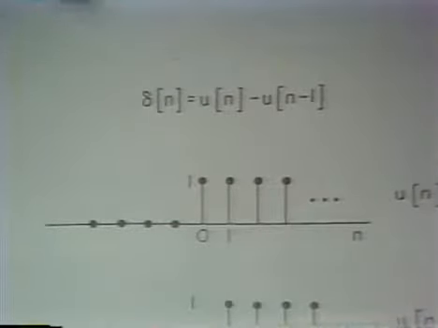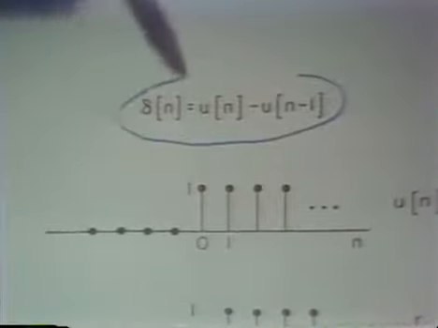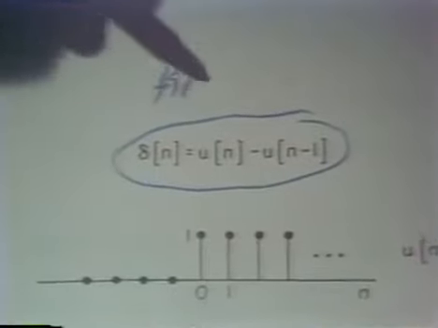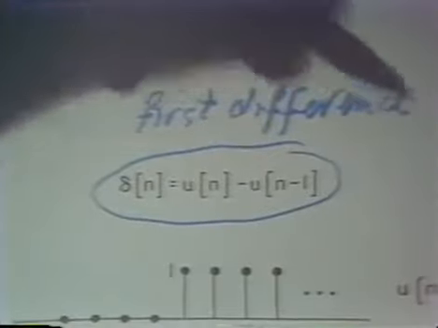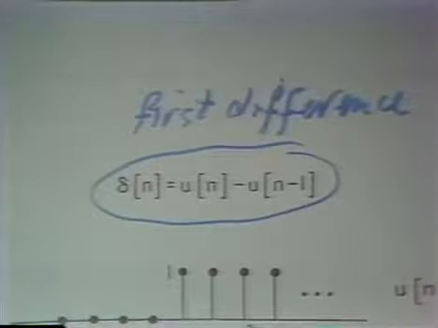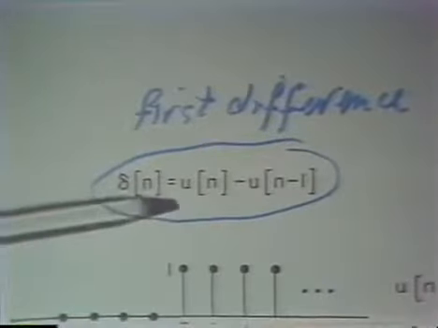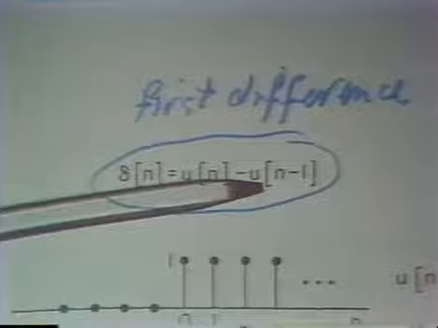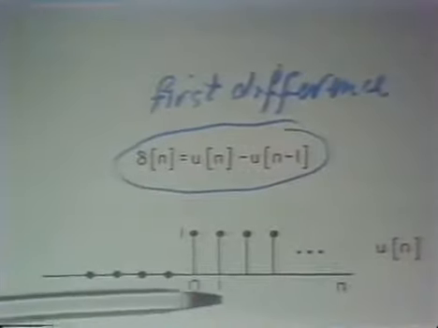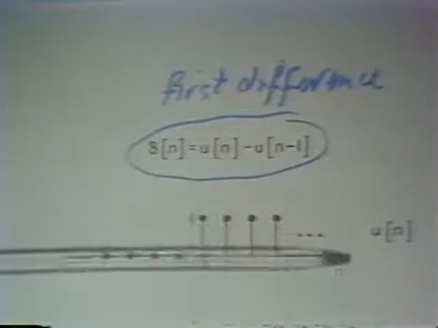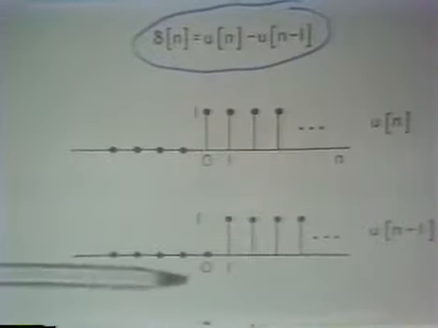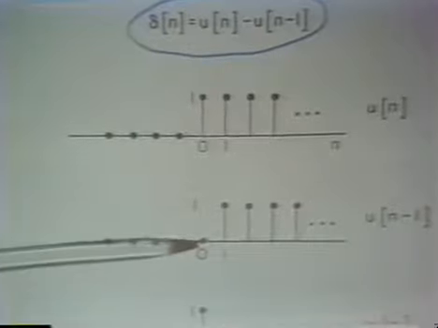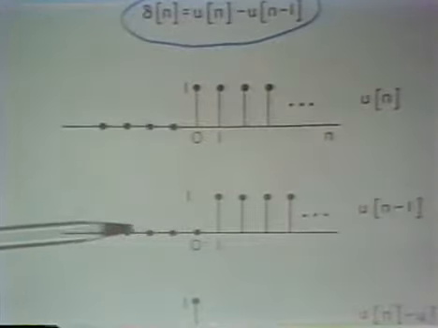So mathematically, the relationship is what is referred to as a first difference. And to see the validity of this expression, we can simply look at the unit step and its delayed version. So here we show the unit step, u of n. Here we show the unit step delayed by 1, so it's 0 for n less than or equal to 0.